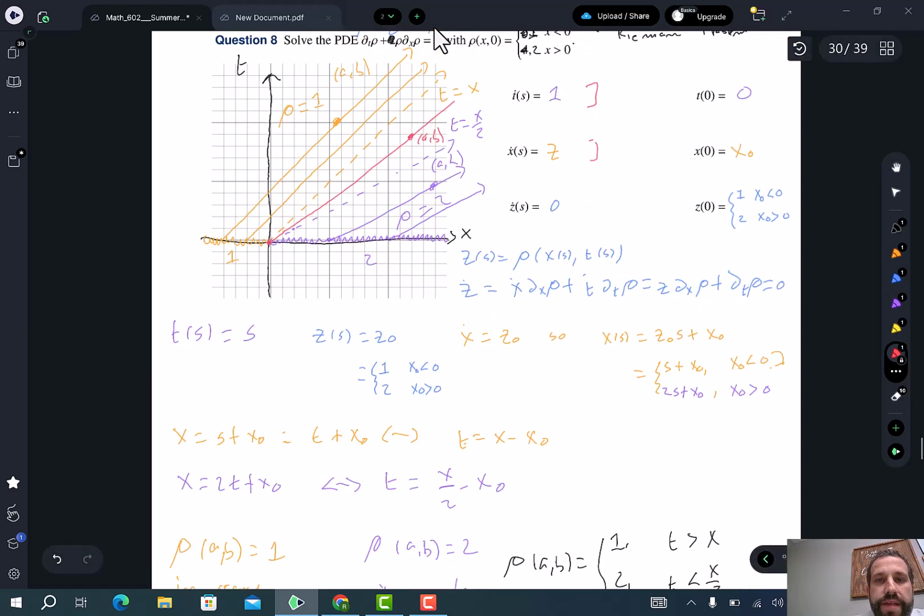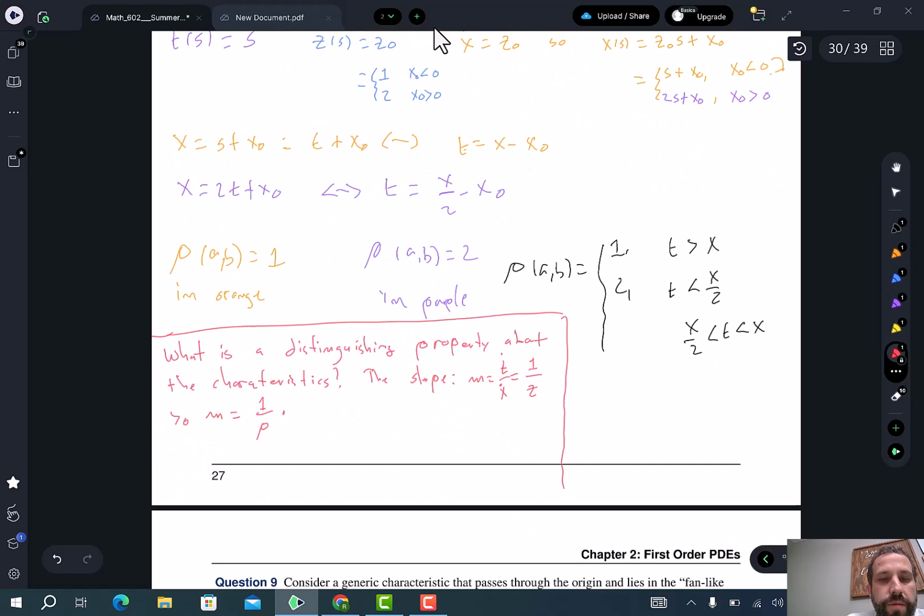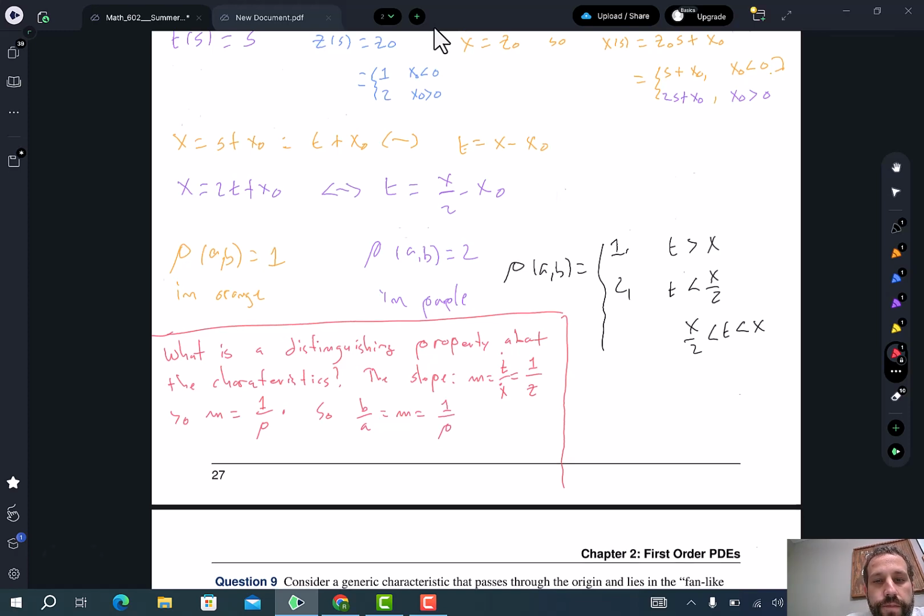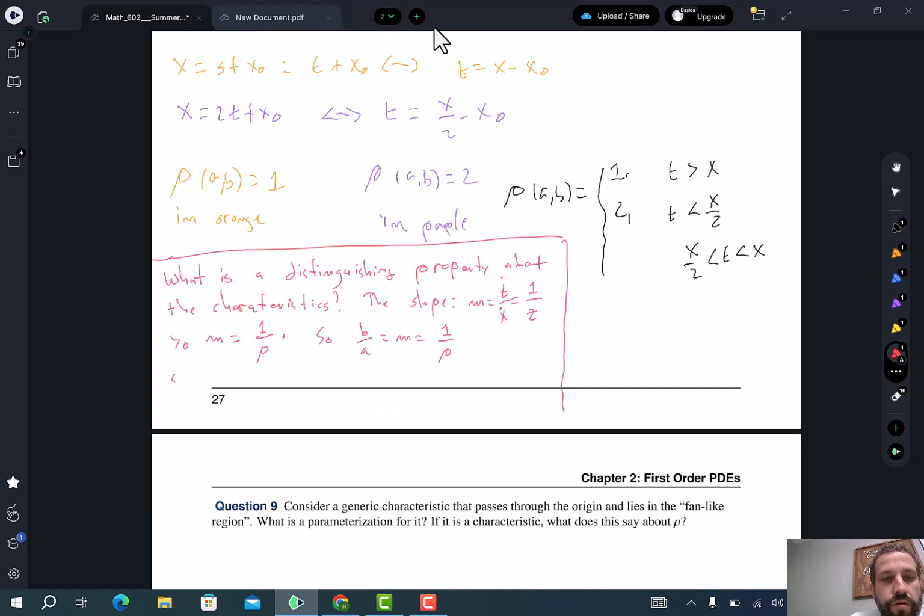Okay, so we're going to apply that property to this red characteristic. I know the slope of this red line that I'm calling a characteristic is b over a. So the slope is b over a, and this is equal to m. But if this is a characteristic, m is equal to 1 over rho. Now I'm just going to solve this for rho.